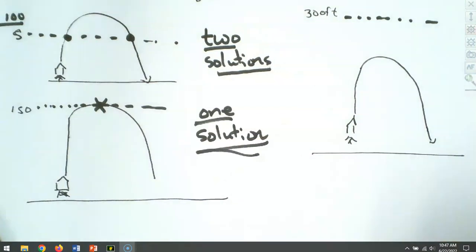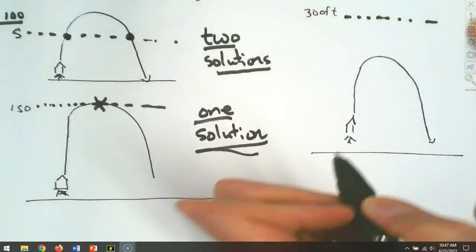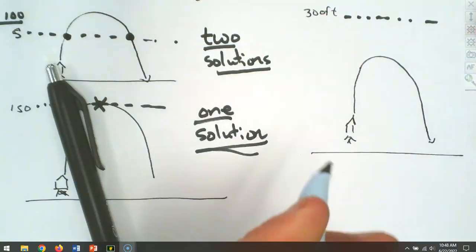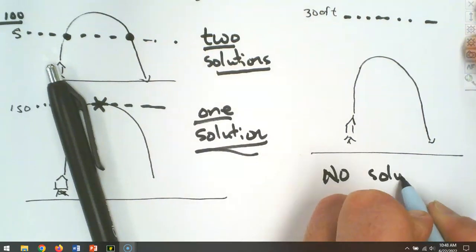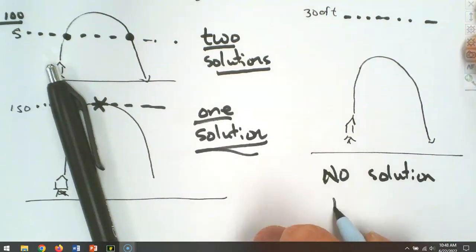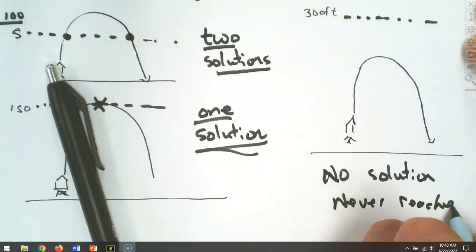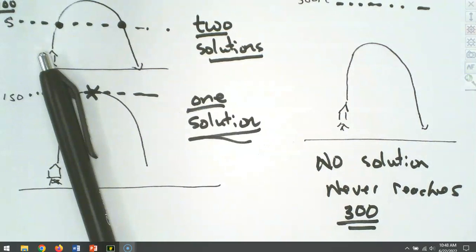And it never reaches 300 feet. It's always below that, so this one has no solution, because it never can reach that 300.